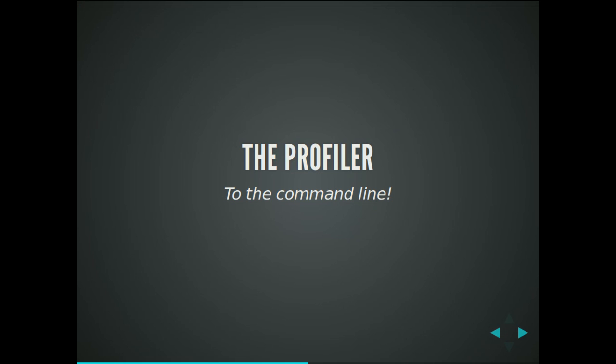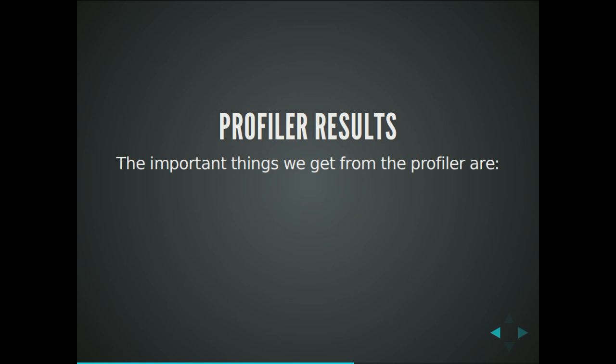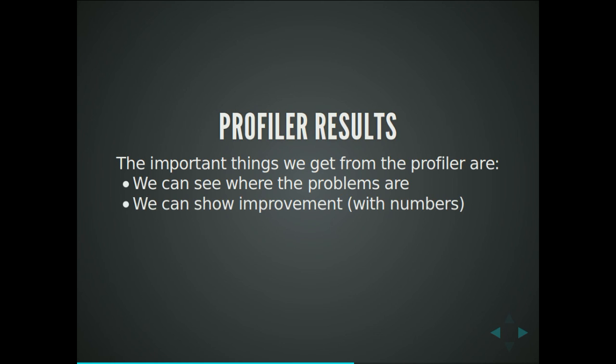Okay, so the important things that we get from the profiler results, we get to see visually where the problems are. If we're throwing around ideas of maybe this code works, maybe that code works, we can visually show the improvement and back it up with numbers, as opposed to saying I think it feels faster this way.